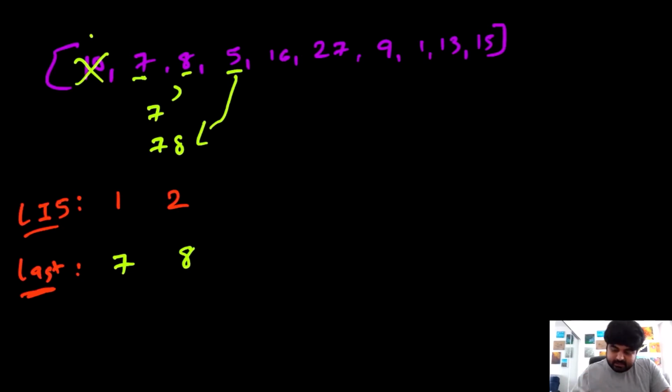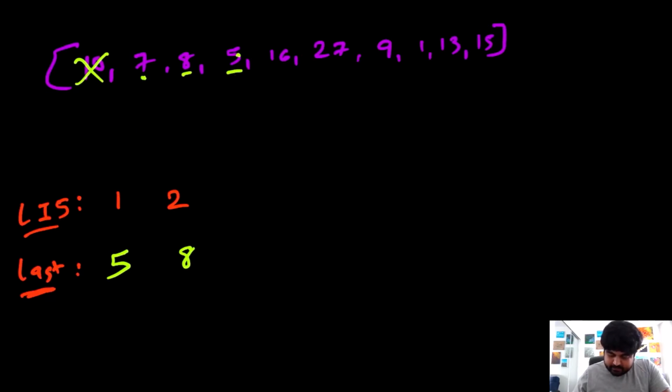But the thing is, if we consider these elements and if we consider the subsequence of size 1, 5 would be the most ideal candidate and not 7, because 5 is actually less than 7. So it is in our interest to replace this entry 7 with the entry 5, and we will update in our array with entry 5.